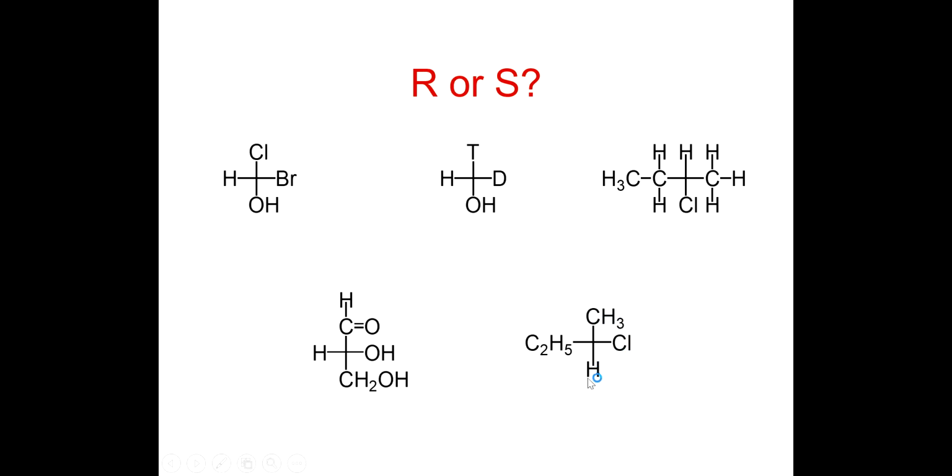We put the atom or group which has the lowest priority away from us, and we view the remaining 3. In this Fischer projection, hydrogen is away from us, and the remaining 3 are chlorine, the alkyl group and the methyl group.